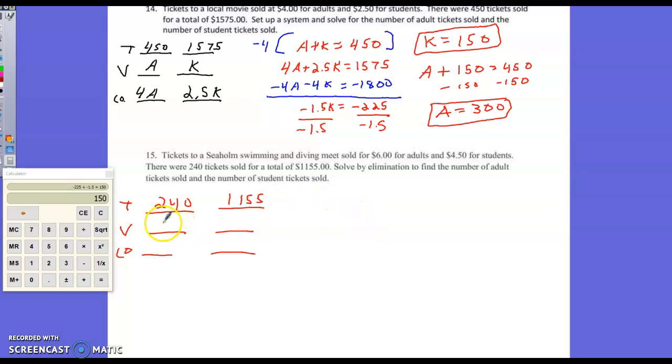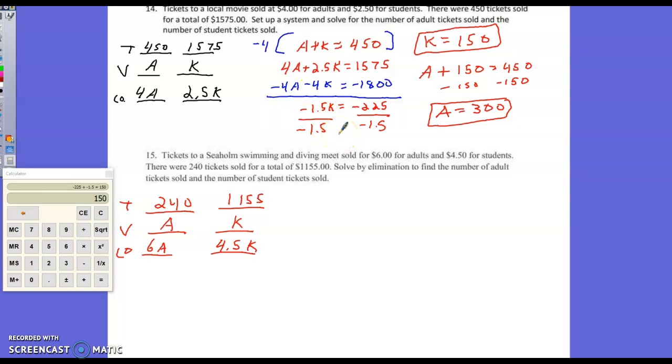So again, I'm going to use A and K because I don't want to do the S. And then this would be 6A and 4.5K. The setup is identical to this pretty much, so I'm not going to go through and do that.